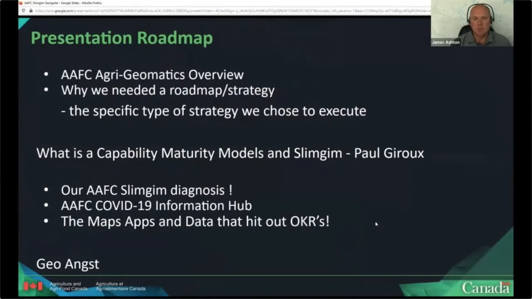Paul is going to talk extensively about the Capability Maturity Model Slimgim that we utilized. And then we'll dive into the AAFC's COVID-19 Information Hub and its ability to hit our OKRs, our objectives and key results. If there's any time left, Paul and I will talk a little bit about our geo-angst if there's time.